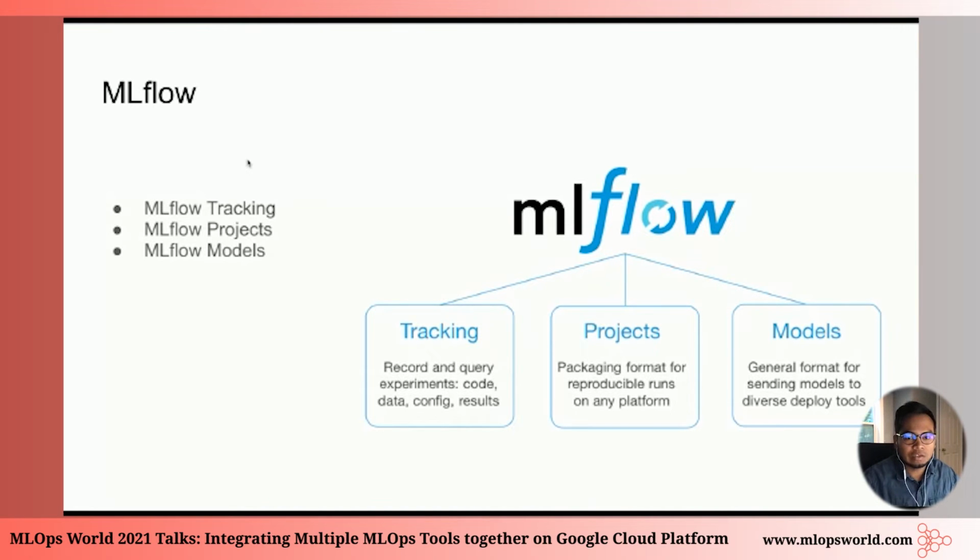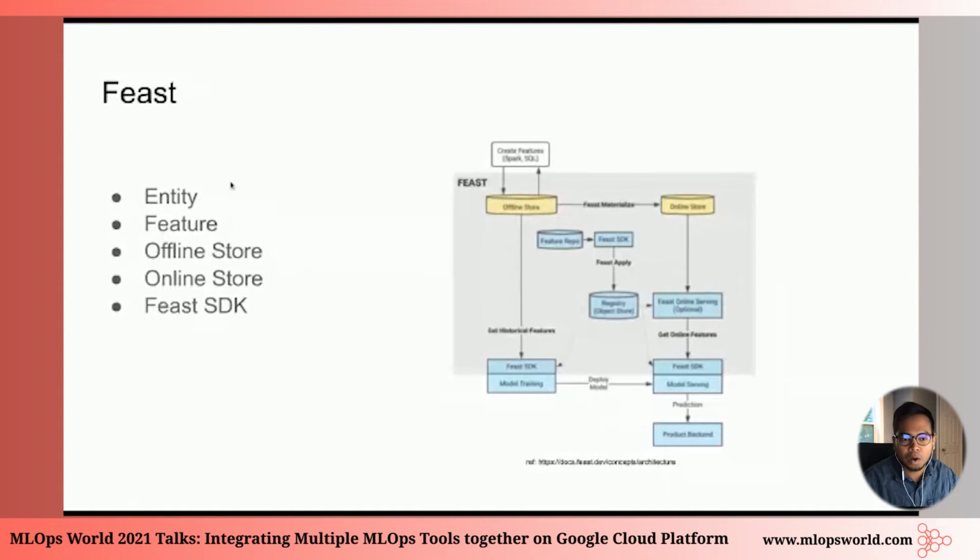The next tool is Feast. Feast is a feature store, and in a Feast feature store, the main components involved are entities, which are like a primary key to identify a specific feature. And then you have features, which are measurable properties, like how many orders you are serving in a restaurant, for example, or how many trips your driver is making.